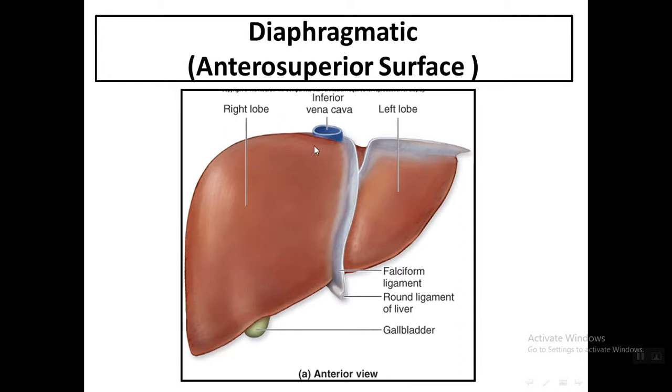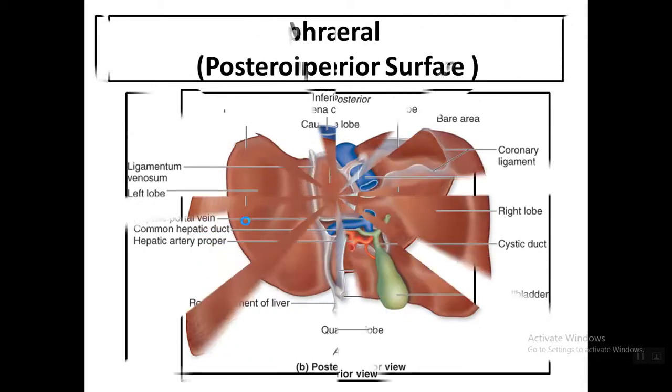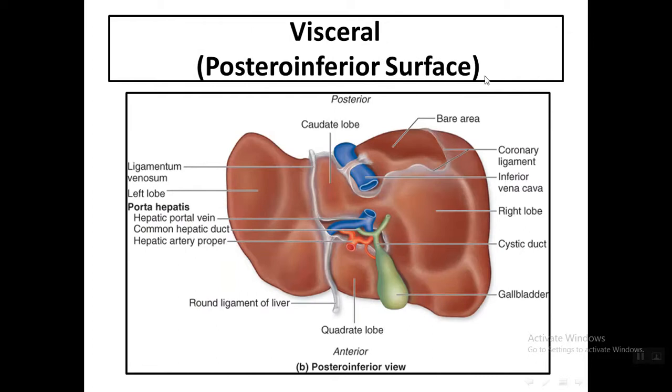This is the diaphragmatic surface, or the anterior superior surface. Because it is related to the diaphragm, you can see it has nearly no impression, while the visceral or posterior inferior surface has impressions for the viscera that lie nearby.